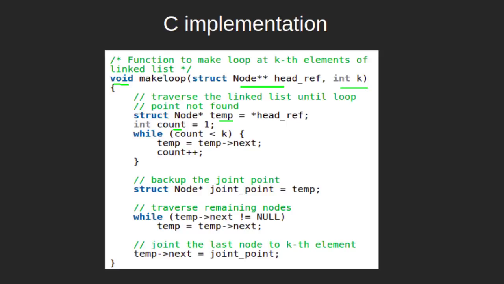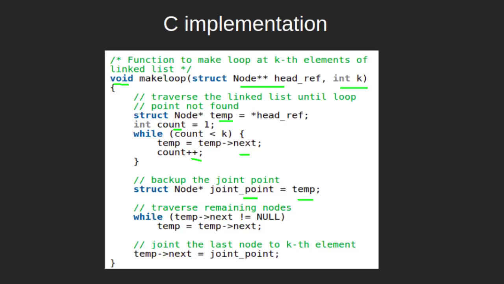We then start traversing the given linked list, move temp to the next node and increment count by 1 in each iteration. Once we have reached the kth node, meaning count becomes equal to k, we stop the traversal and store the kth node, which is temp, in another variable joint underscore point.